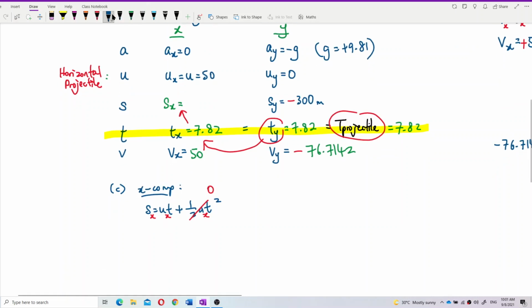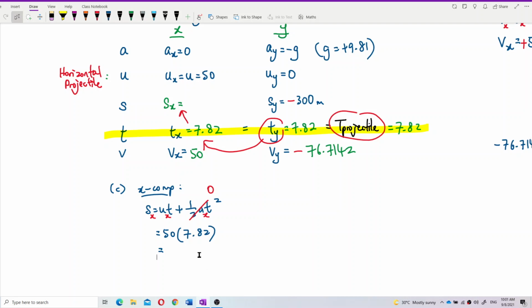This is 50 times the time, which is 7.82. We got the time. That's why I asked you to fill in the blank here. You got the time for y component already. You just put the time in the x component also, so that you can use this time to find the displacement in x. You see, very simple. So 50 times 7.82.